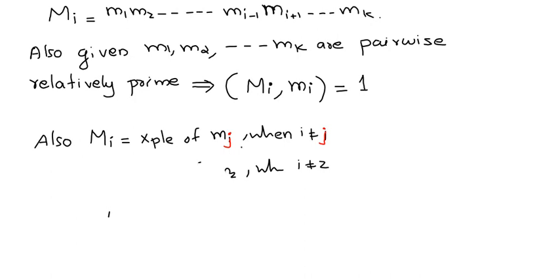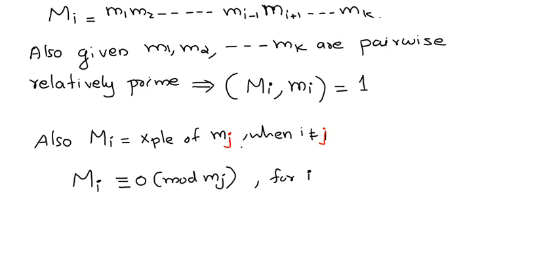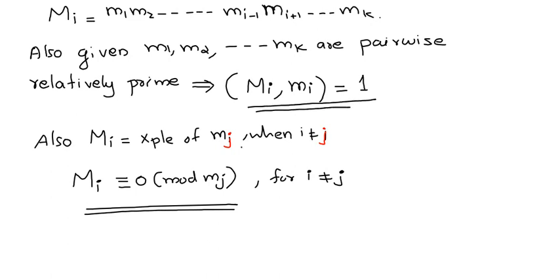So we can write this in terms of congruence as capital Mi ≡ 0 mod mj for i not equal to j. This is taken as equation 1, and this as equation 2.